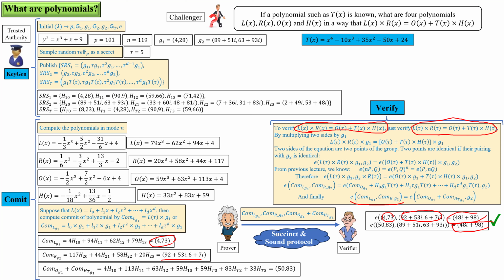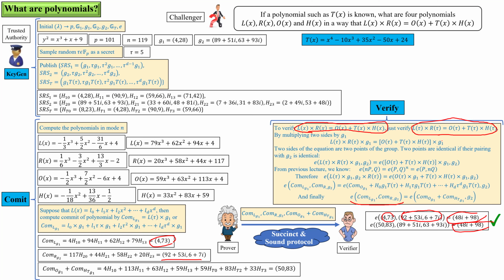And then the third protocol says that the prover needs a trusted authority to decide an elliptic curve, pairing, and groups, and compute some SRS values. Then the prover computes the commit values instead of the evaluations or the original values, and sends the commit values to the verifier.